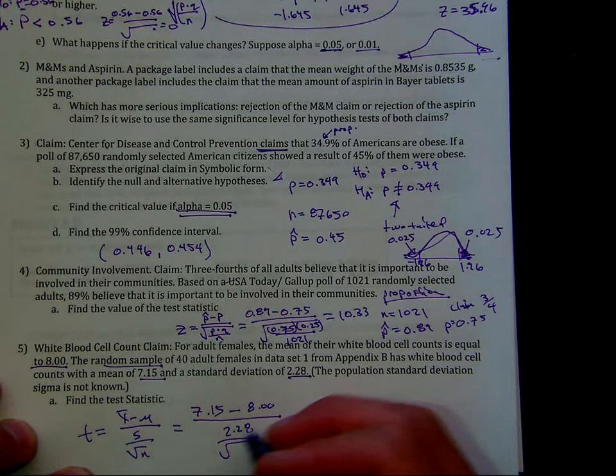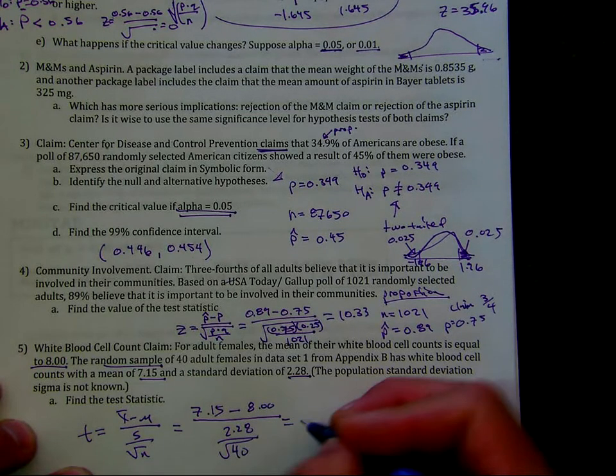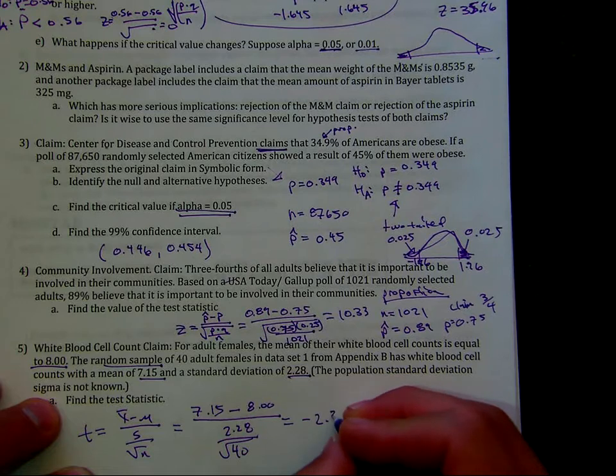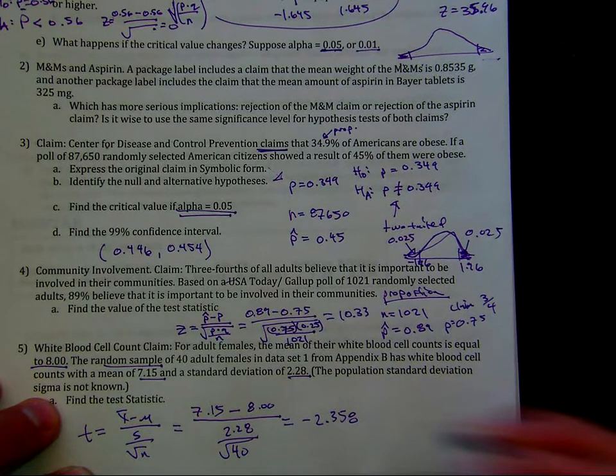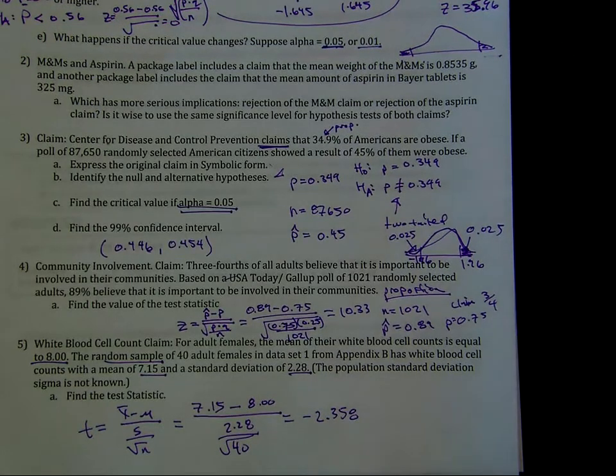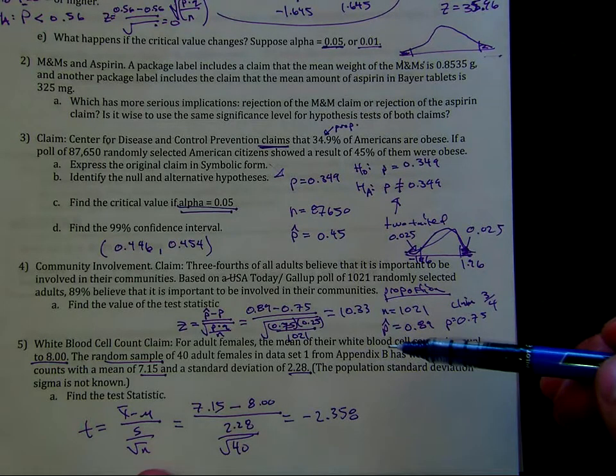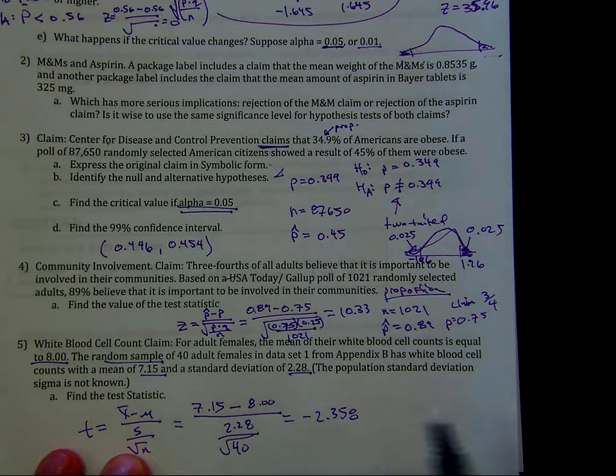And you should get negative 2.358. Okay, again, the key part there is not necessarily the number we get here. I mean, it is important, but it's to understand that we're talking about mean. We don't know the population standard deviation, so we're going to use the student t-distribution.